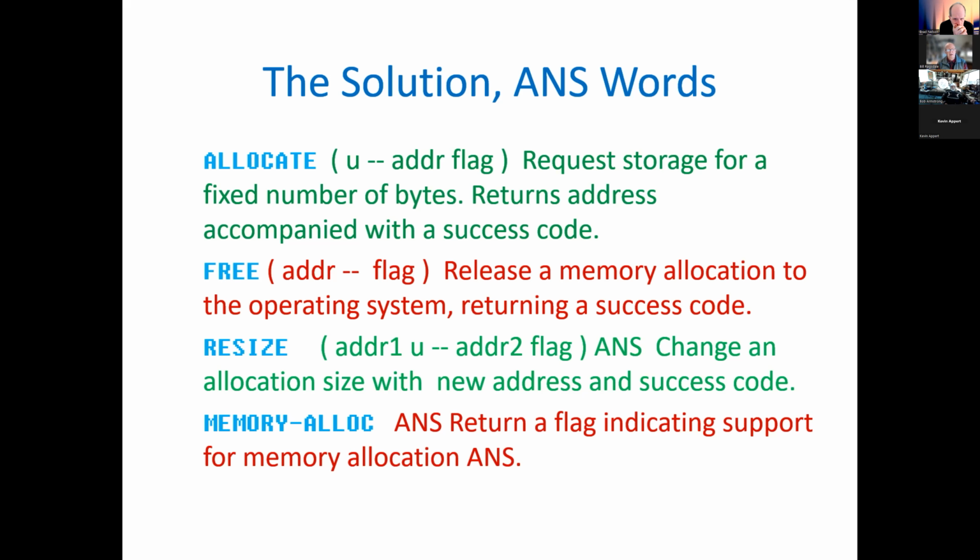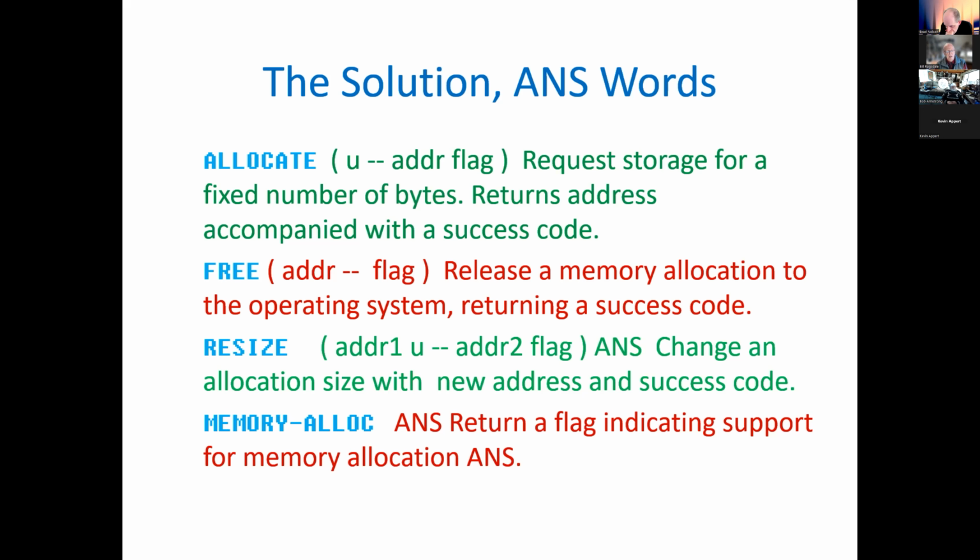I'll note here that the indicator or the identity or the file ID of that allocation space is its Forth address. So you need to preserve that Forth address and in general give it a name for future manipulation. And finally, with resize, just what you'd expect.